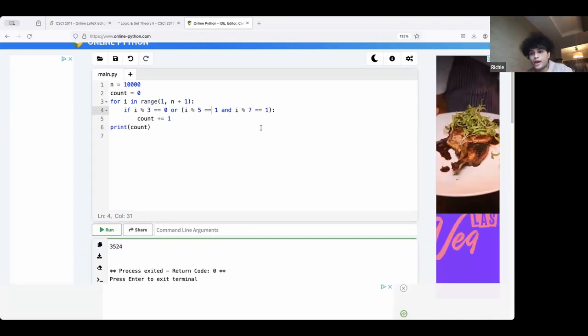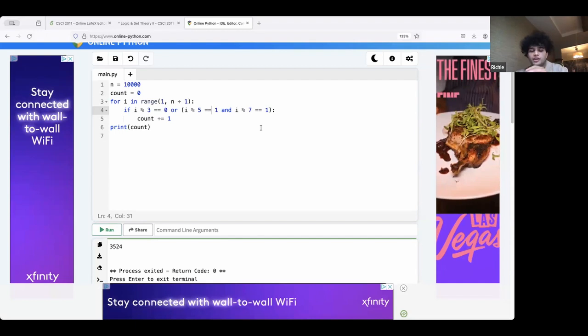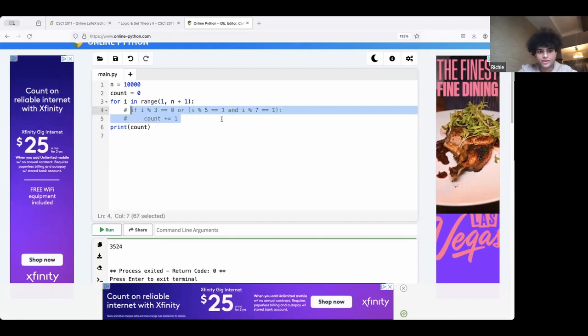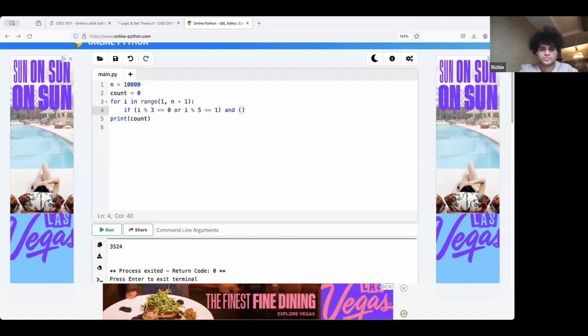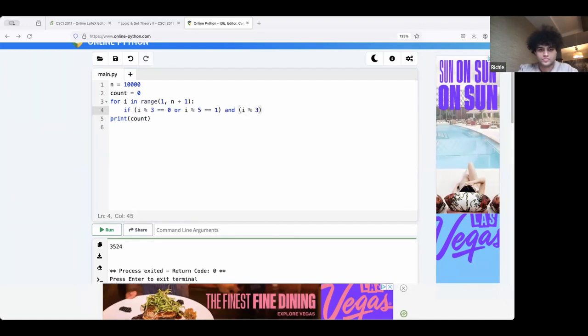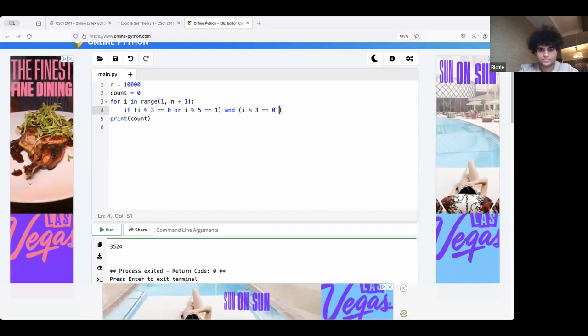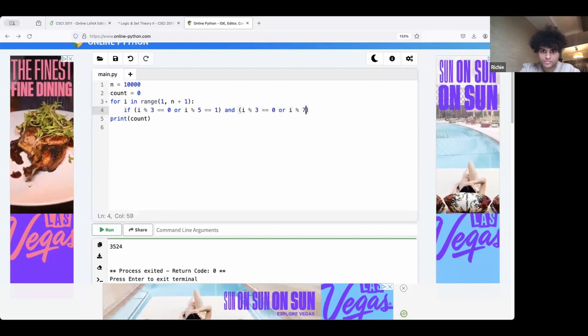If we rewrite this statement a little bit, we should get the same answer. So let's comment this part of code out, and let's rewrite that statement. All right, if I rerun this, I should get the same answer.